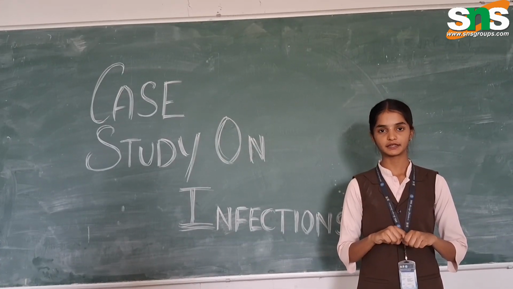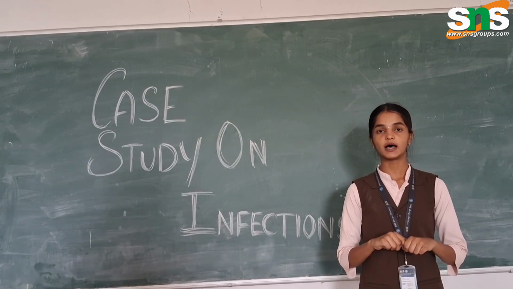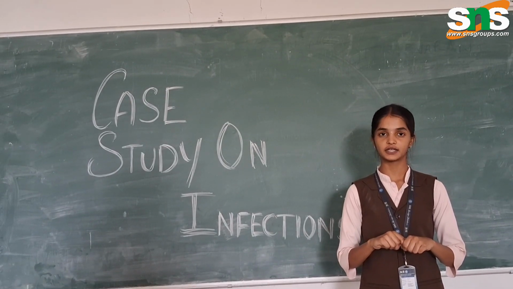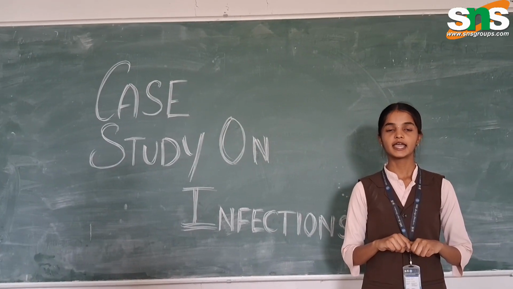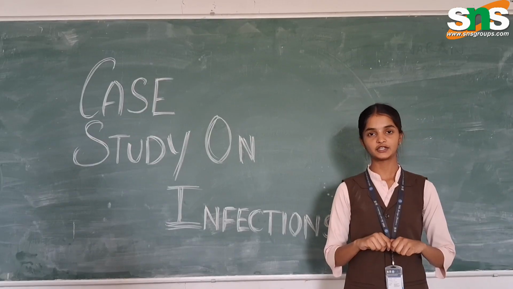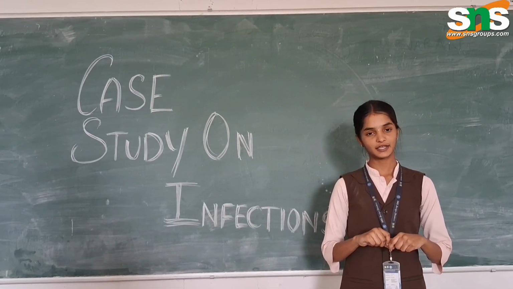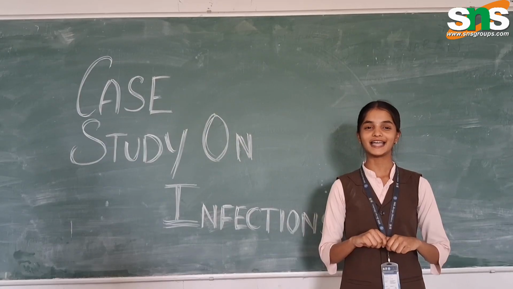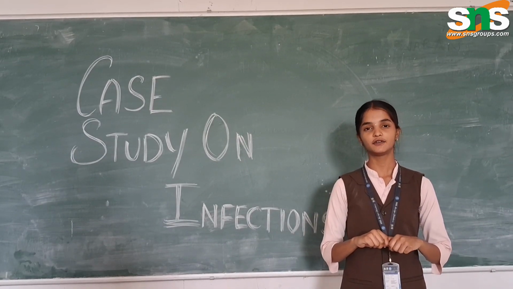Investigation: complete blood count shows increased WBC, white blood cells; wound culture shows presence of bacterial infection; blood sugar shows elevated glucose level. Diagnosis: bacterial wound infection. Medical management: antibiotics as prescribed, pain relief medication, regular wound cleaning and dressing, monitoring blood sugar level, adequate nutrition and fluids.